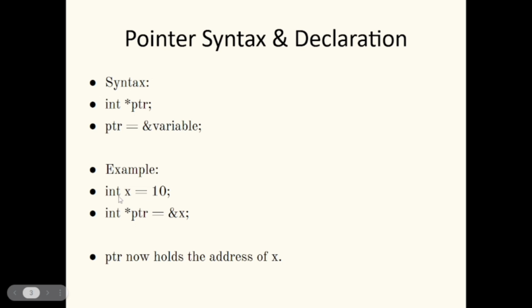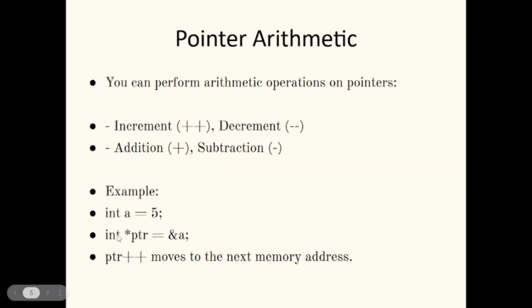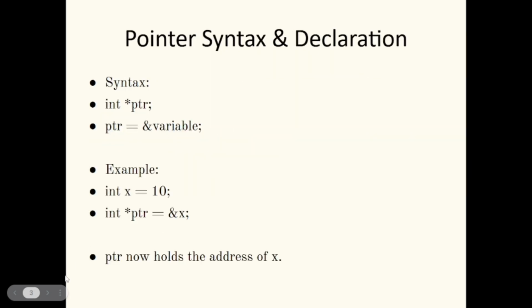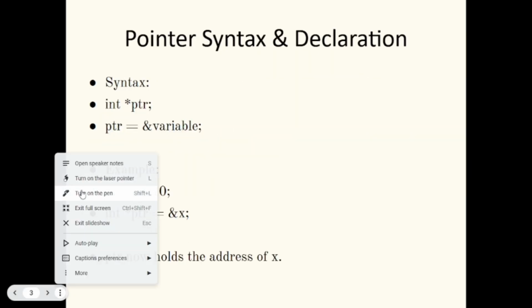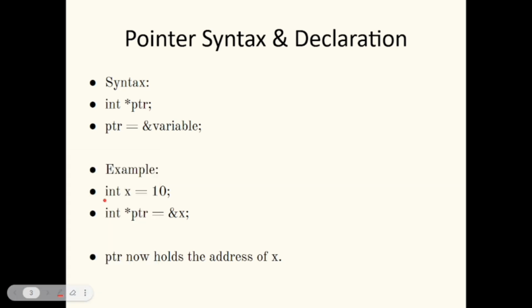To get the value through this address, we use the dereference operator. To fetch the address of the variable, we just use the cout command and use ptr to fetch the address of memory.